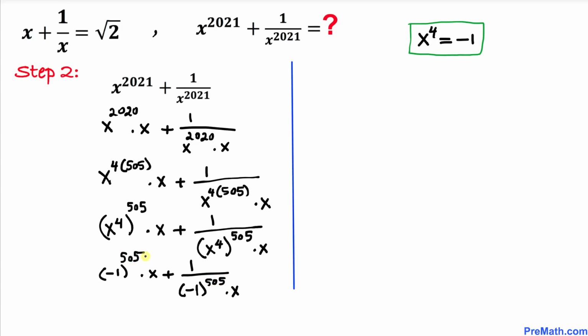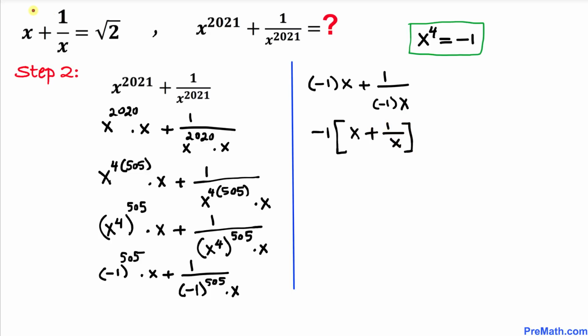So this expression could be written as -1 times x plus 1 divided by -1 times x. And now let's bring this -1 outside. So we can write -1 times x plus 1 divided by x.